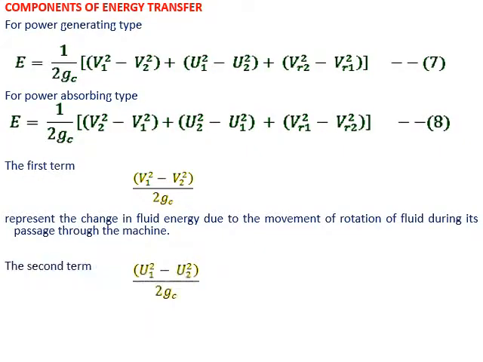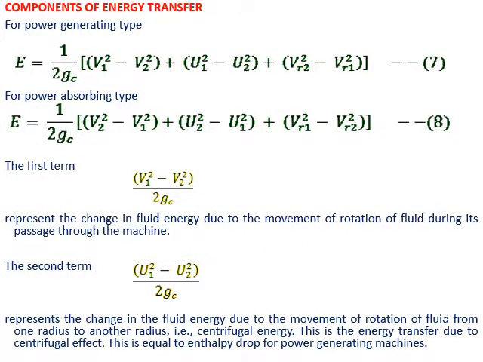The second term, u1 square minus u2 square by 2 Gc, represents the change in fluid energy due to rotation of the fluid from one radius to another radius, that is called the centrifugal energy. This is the energy transfer due to the centrifugal effect, and it is equal to the enthalpy drop for a power generating machine.